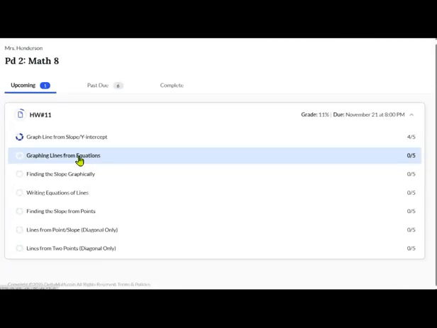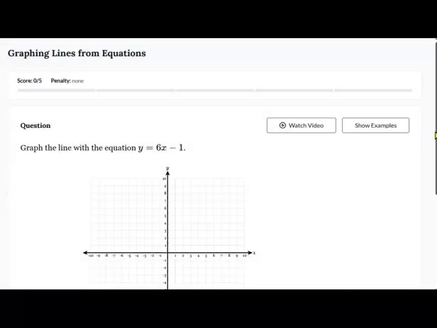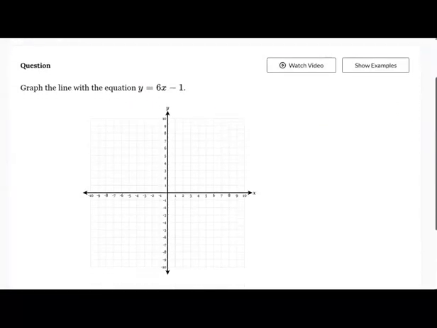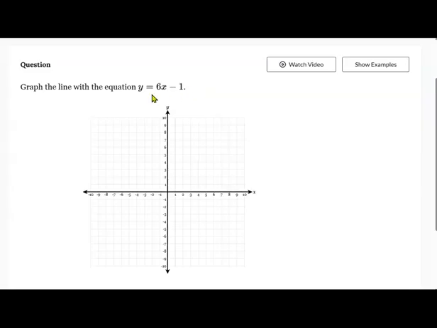Graphing lines from equations is the same exact question, except you need to know which number is the y-intercept and which number is the slope. So again, to review, a y-intercept is the constant in the b position in the y equals mx plus b sentence.